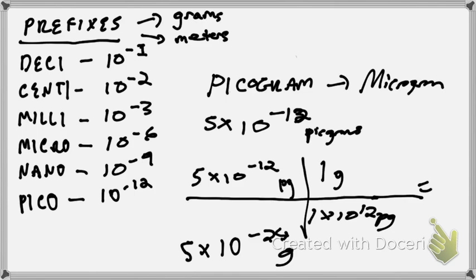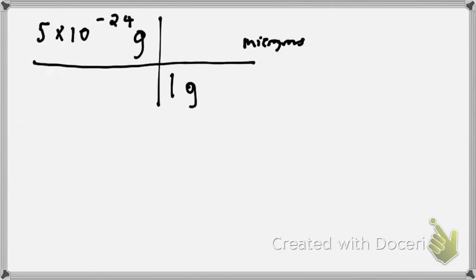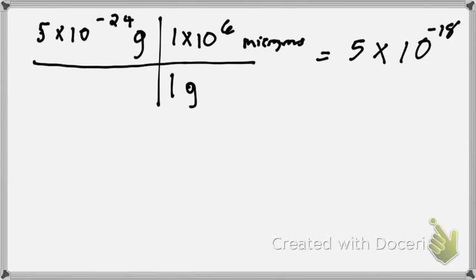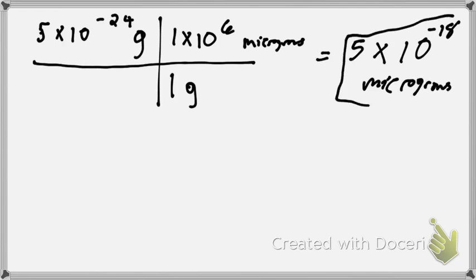In terms of micrograms, you have 1 times 10 to the negative 6, so 1 gram has 1 times 10 to the 6th micrograms. We're going to do the same thing here to get into micrograms. We multiply 5 times 1, which is 5, and we add negative 24 and 6, and we get 10 to the negative 18. And that is going to be our answer for micrograms. And we cancel out our units.